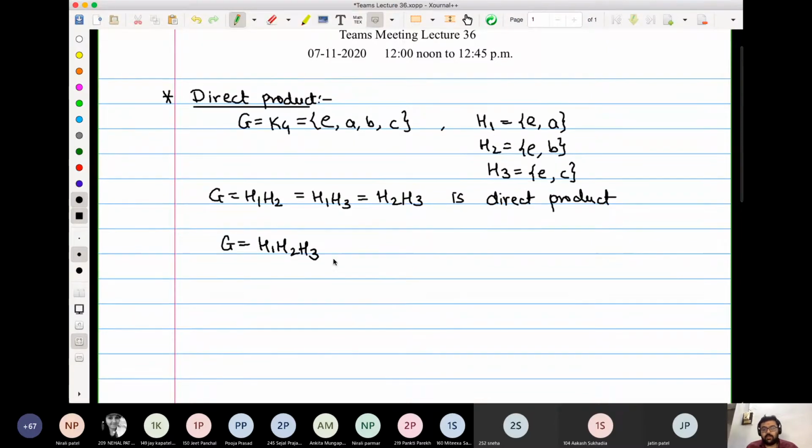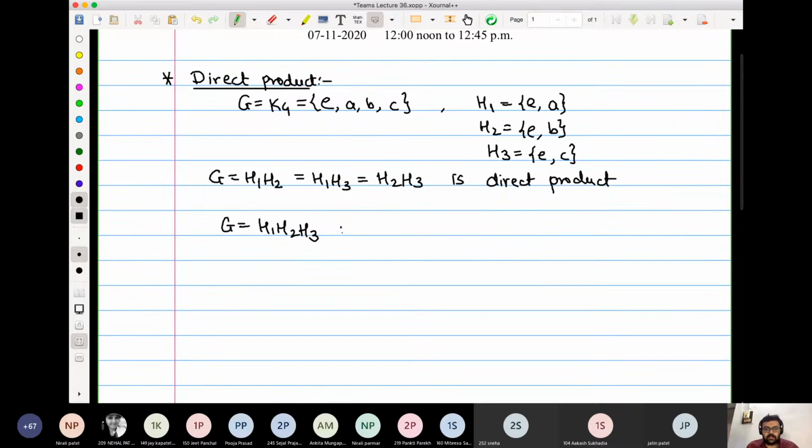If you take the product of all, then also that is equal to G, but this is not an internal direct product, right? Because every element does not have a unique expression in this. So they can be written in more than one way. So it is not an internal direct product. This we have seen.